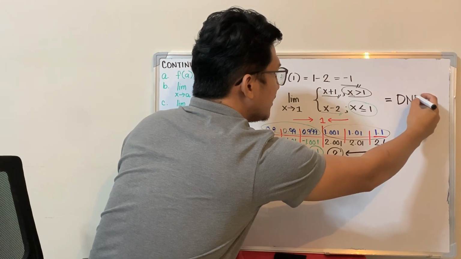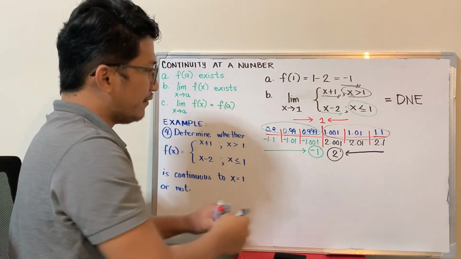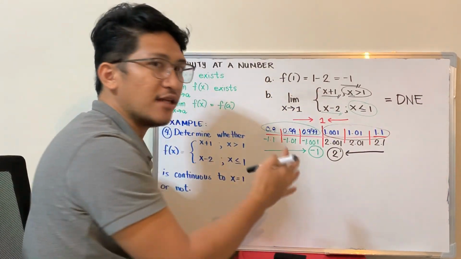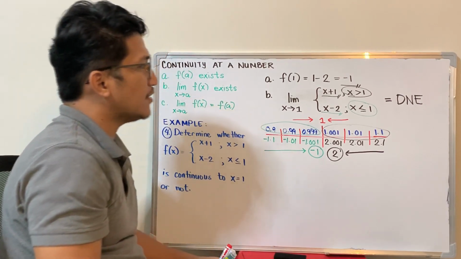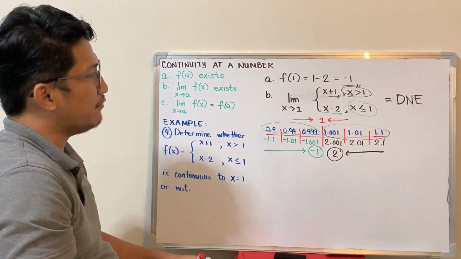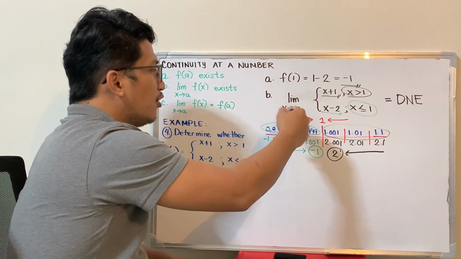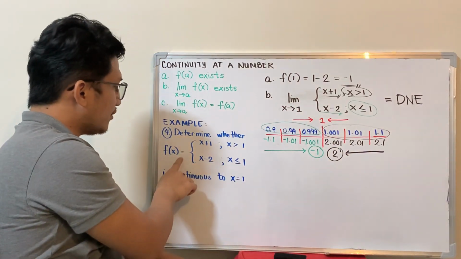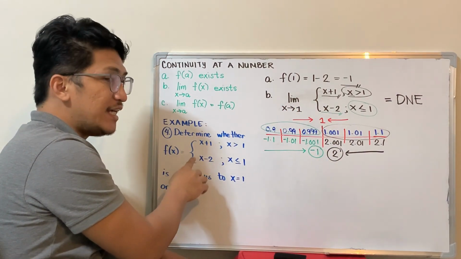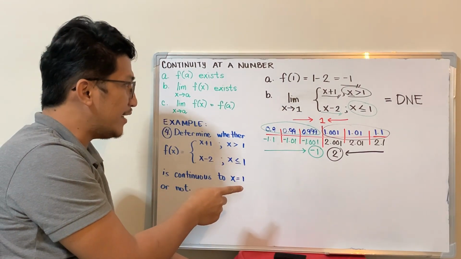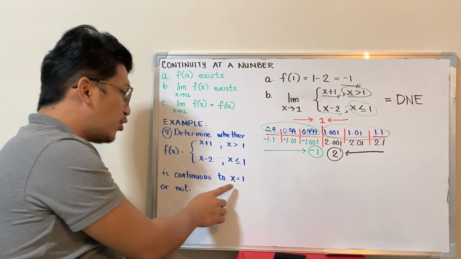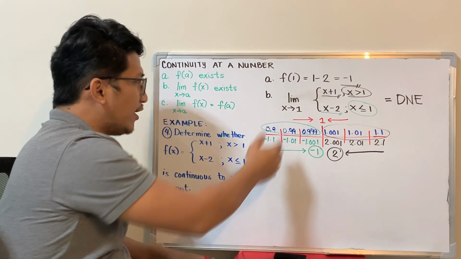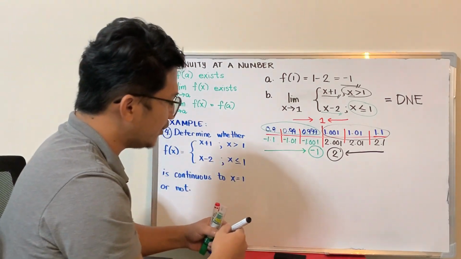The limit from the left and the limit from the right are not equal. Okay? So our limit does not exist. So we already know that this piecewise function is not continuous. Okay? It is not continuous at x equals 1.